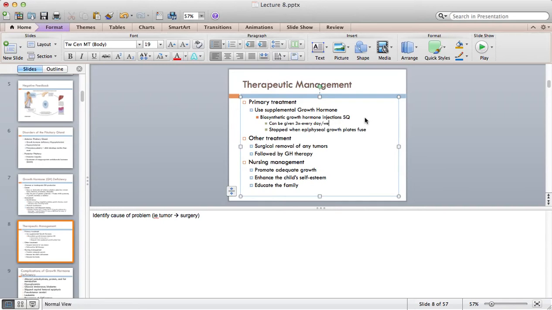So it is important that we teach the parents how to do it. We can initiate the teaching in the hospital, and then the home care nurse will continue that teaching until the parents know how to do it independently, and they'll continue to administer the medication.